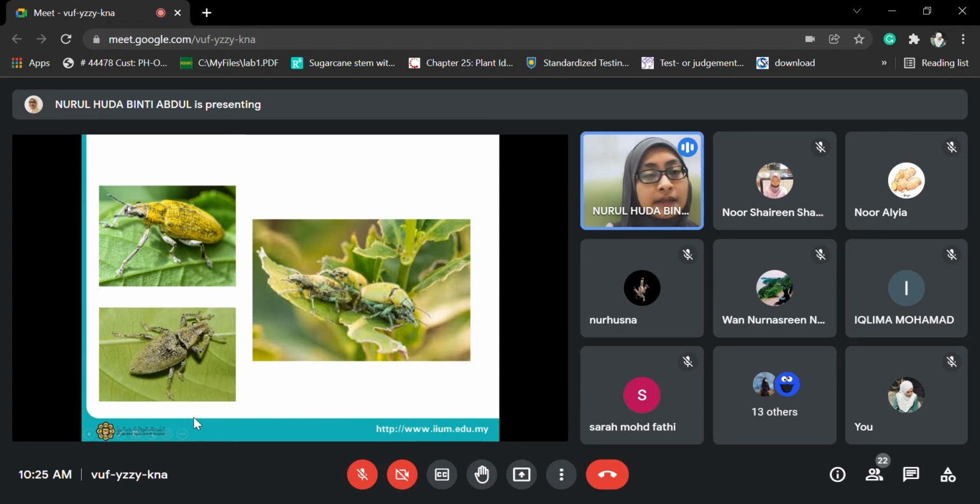Instead of antenna duduk between the eyes, like other insects or like other beetles, this one the antenna is actually dekat area of mouth part. So tu adalah characteristic of the weevil.